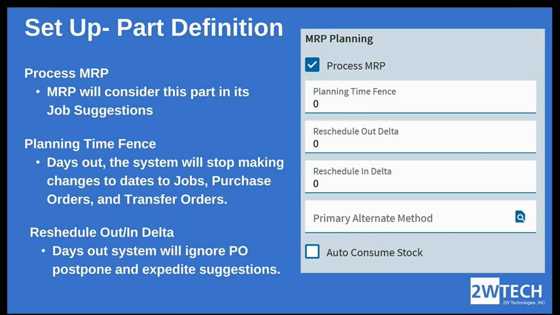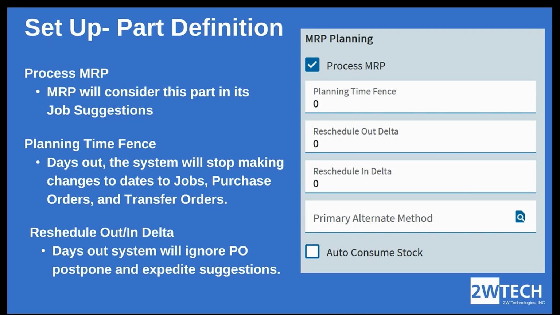Another screen you'll find on your part site detail card is the MRP planning area. This is more in terms of your manufactured products. So we have a planning time fence. First of all, you can tick the box whether or not you want to consider this particular part in the MRP algorithm.